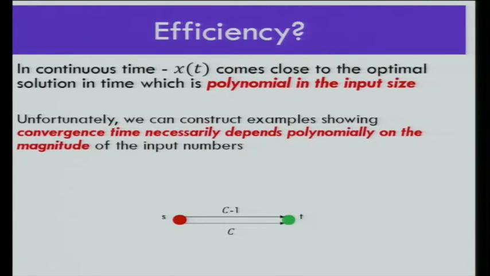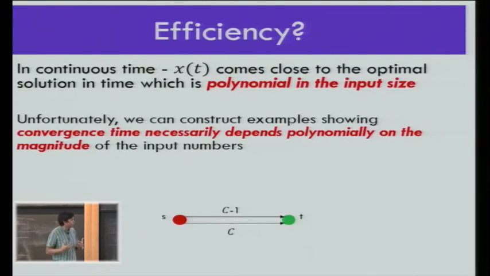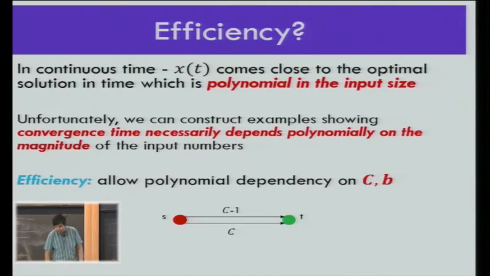So if you had C over 2 and C, how long would it take? Oh, then it's pretty fast. Pretty fast, yeah. You could do tricks like adding some random noise and so on, but if you really want a rigorous mathematical result, you will not expect something which depends logarithmically on C. In fact, this question was raised in the previous work.